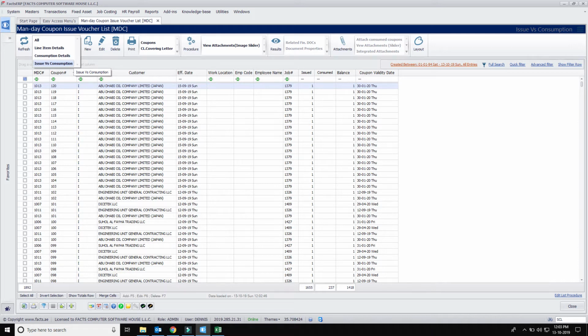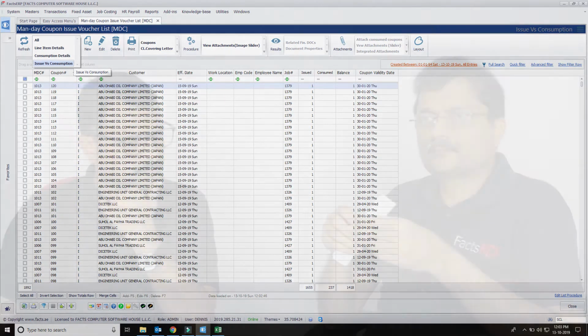Within 6 months or within 1 year they will have to consume it. So we have made a list in our Monday coupon issue voucher, called issue versus consumption. Let me show you that list. And this list is being used by Vinod.